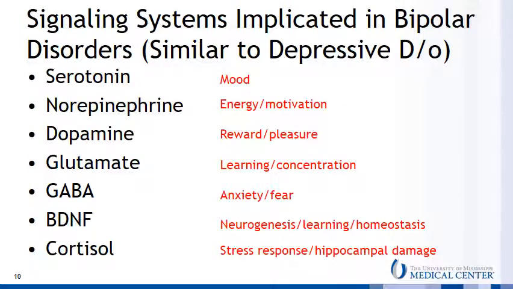Likewise, the signaling systems so far implicated in bipolar disorders seem to be similar to depressive disorders, although the mechanism of action of the various mood stabilizers suggests that there may be other systems that have yet to be clearly tied to the bipolar disorders.